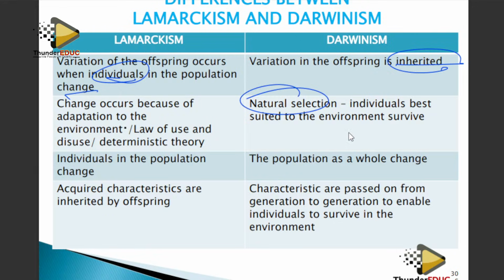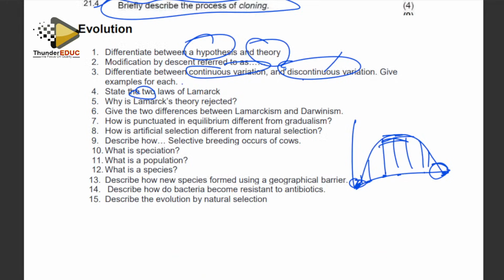If the environment wants short people and you are tall, you're a problem, you'll be eliminated. If the environment wants tall people and you are short, you'll be eliminated. So it's nature which determines. So take a screenshot of that and talk about the differences between Lamarckism and Darwinism. We continue. Punctuated equilibrium and gradualism.